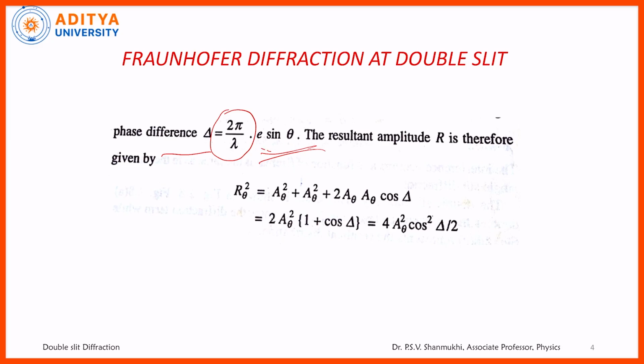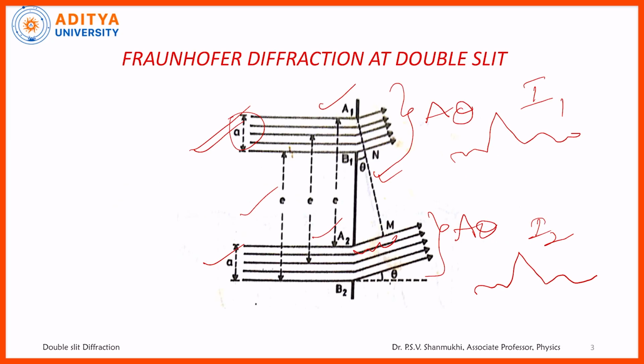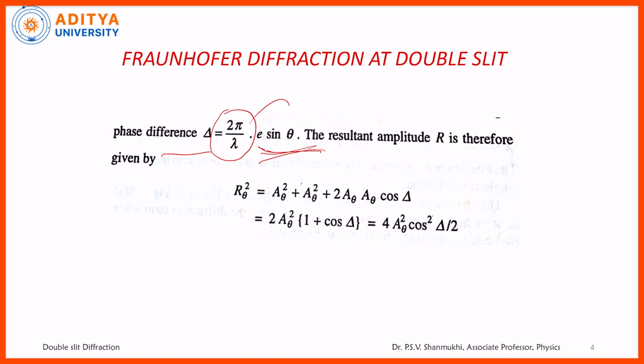Therefore the path difference is equal to e sin theta. Therefore what is the phase difference? Already we have some idea, the phase difference is equal to 2 pi by lambda into path difference, that is 2 pi by lambda into e sin theta. So this is the resultant phase difference.